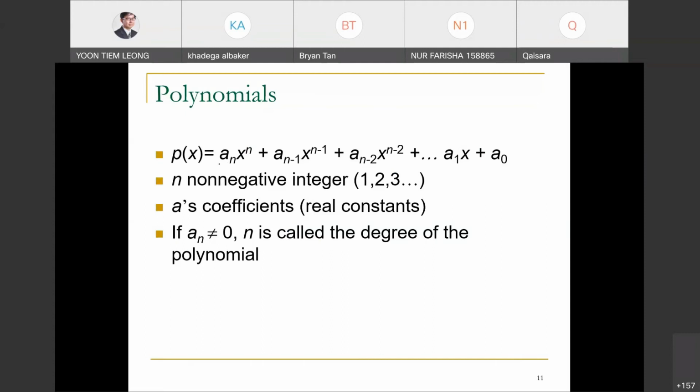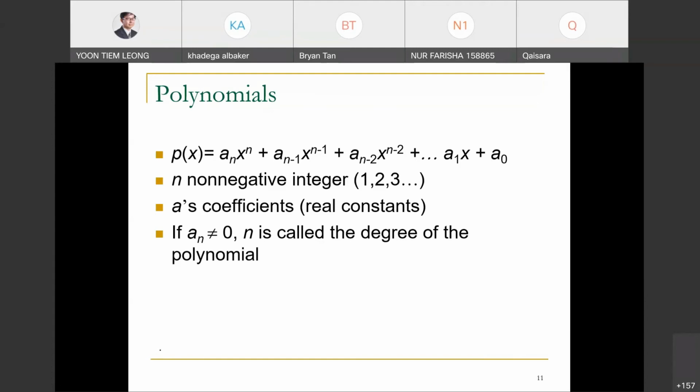If you can recall your secondary school, you should also have learned polynomial functions. A polynomial function has one independent variable x, and it has n terms. So n could be an integer.